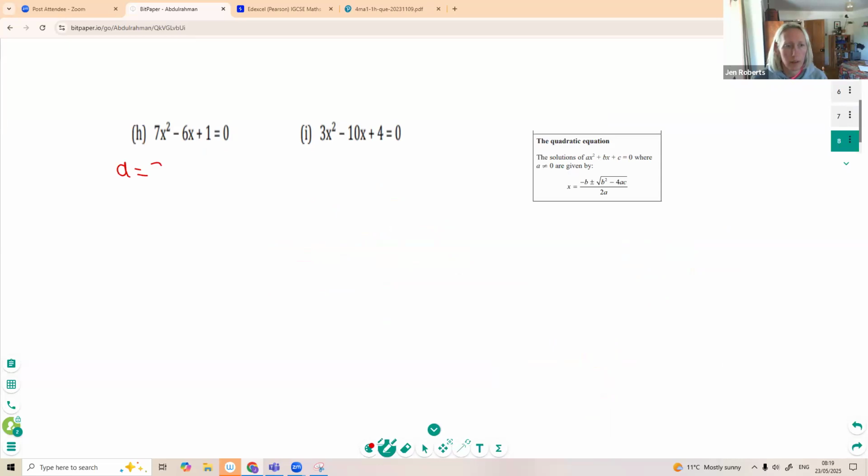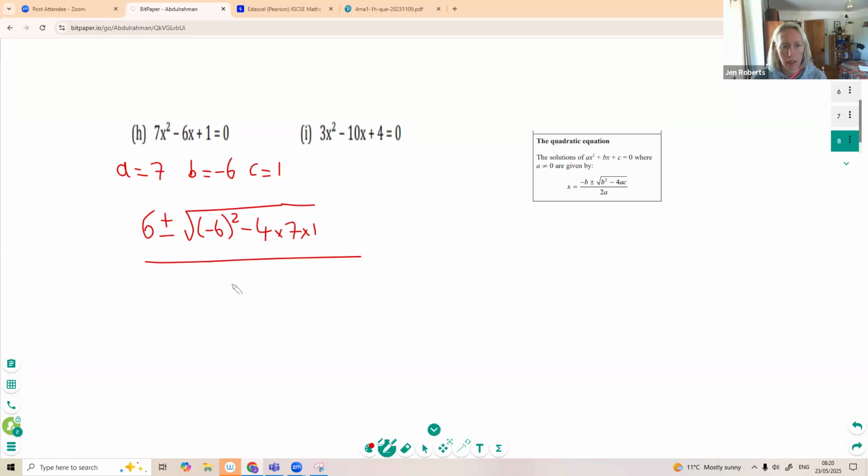A is 7, b is minus 6, c is 1. Minus minus 6 is 6, plus or minus the square root of, don't forget your brackets, squared, minus 4 times 7 times 1, all over 2a, 2 times 7.